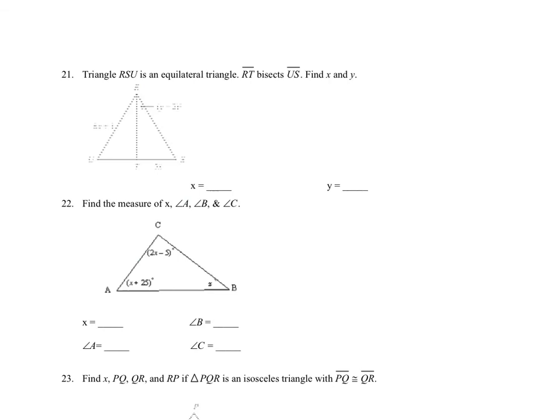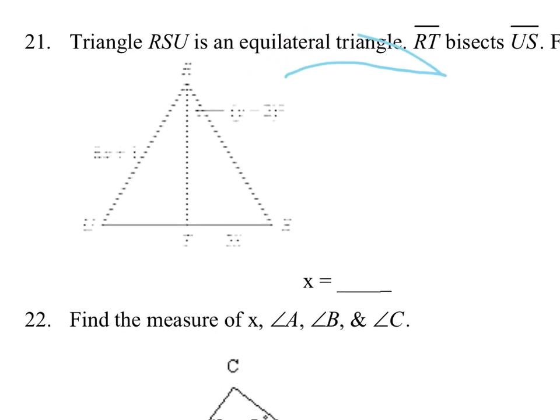Okay, this one also missed quite a bit. So what we have is an equilateral triangle, which means all the sides are congruent. This is 5x, and this is y minus 2, and this is 8x plus 1.